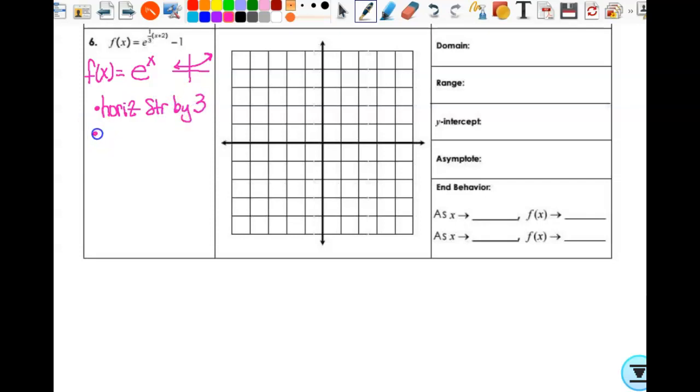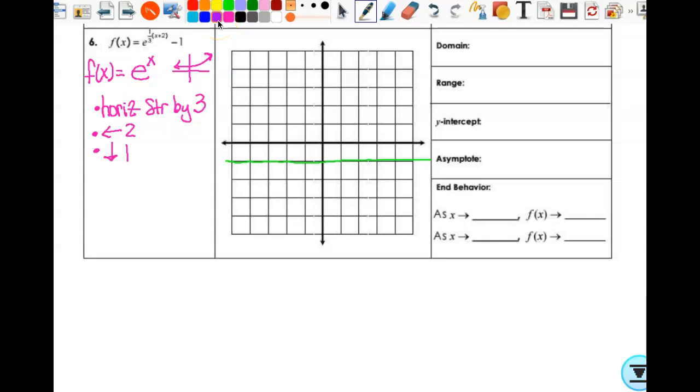The 2 means I do what? Left 2. And the 1 means I go down 1. Where is my horizontal asymptote? Negative 1. Starts at 0, but we go to negative 1.